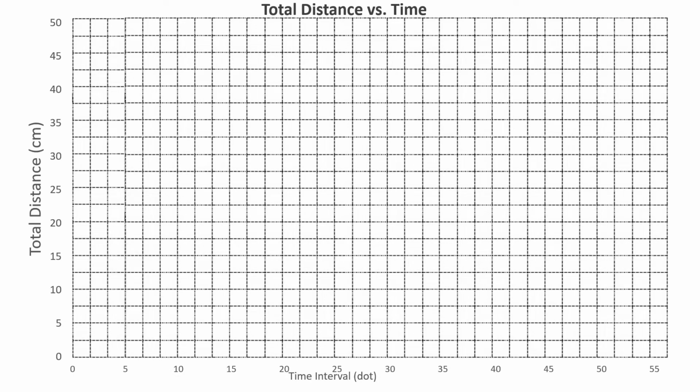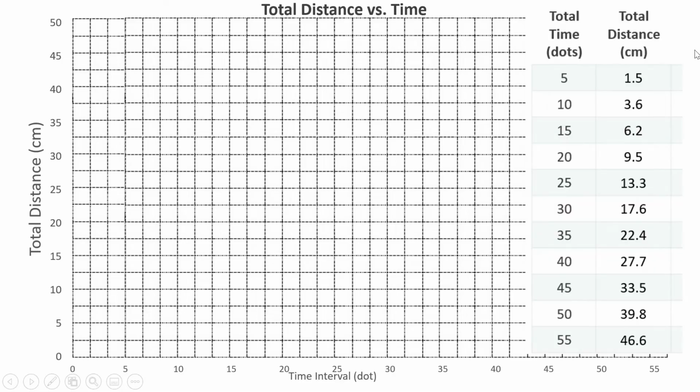For doing the graph, first, this is total distance versus time. The pattern of graphing is y versus x. So for the y-axis, it's total distance, and for our x-axis, it's time. If you check the table of your data, total time should be on the x-axis, so that is 0 to 55.